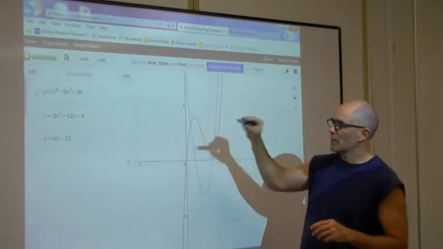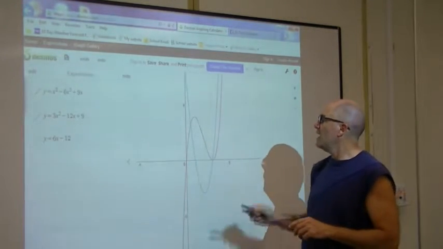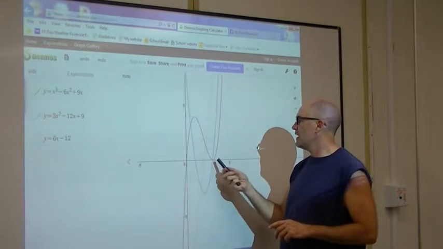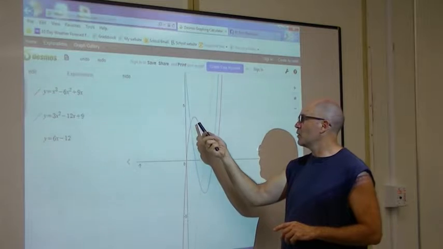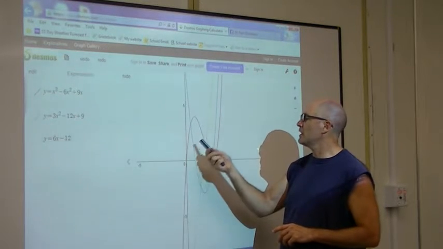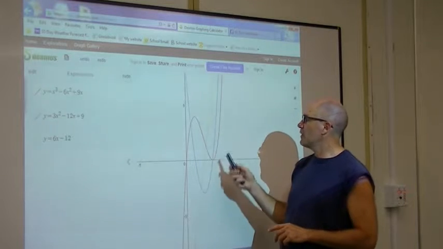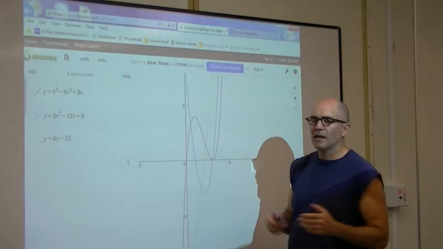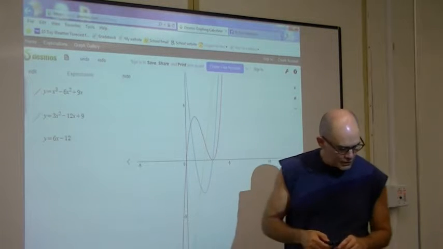And then the degree goes down as you go. Secondly, you look for a max and a min, and for the max, you're looking for something that goes from positive to negative. And for the min, you're looking for something that goes from negative to positive. And so that's how you're going to point those out.